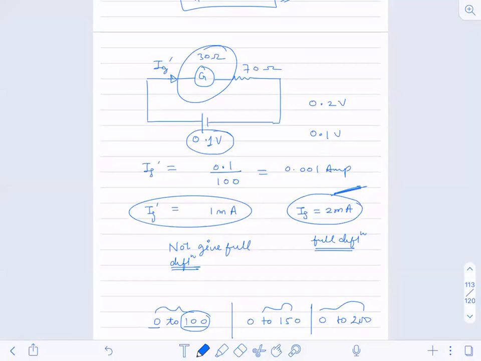If you reduce the battery EMF, it is not going to show full deflection; it will correspondingly reduce. If you make it 0.05, it will further decrease. If you make it 0.0025, it will further decrease.